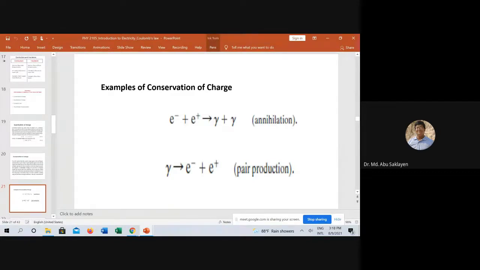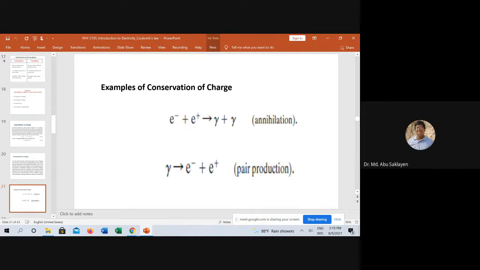When an electron and positron pair are passed near the nucleus of a heavy atom, then they destroy each other and gamma rays are produced. What will be the left side?